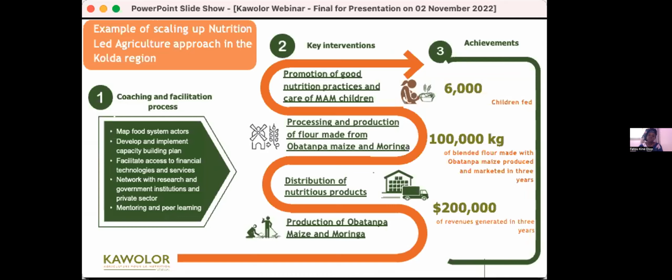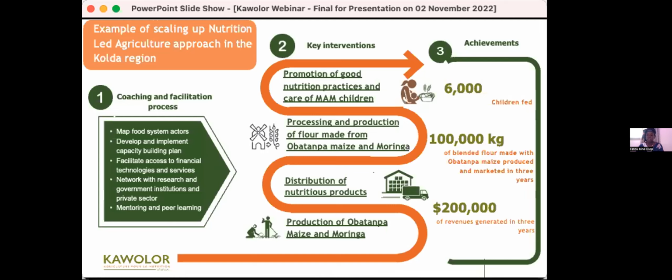So from Obatampa maize and other crops like moringa. And Saint-Marc did, in 3 years, 100,000 kilograms of blended flour to feed more than 6,000 children in their area.